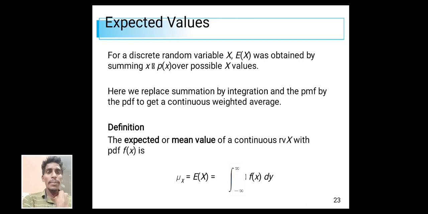Here we replace summation by integration and the PMF by the PDF to get a continuous weighted average. Definition: the expected or mean value of a continuous random variable X with PDF f(x) is mu X equals E(X) equals the integral from minus infinity to infinity of x f(x) dx.